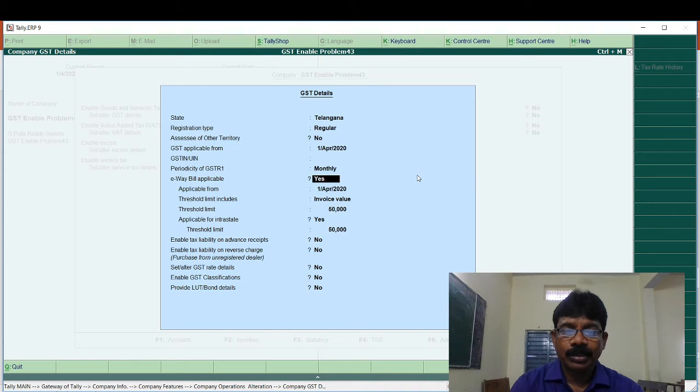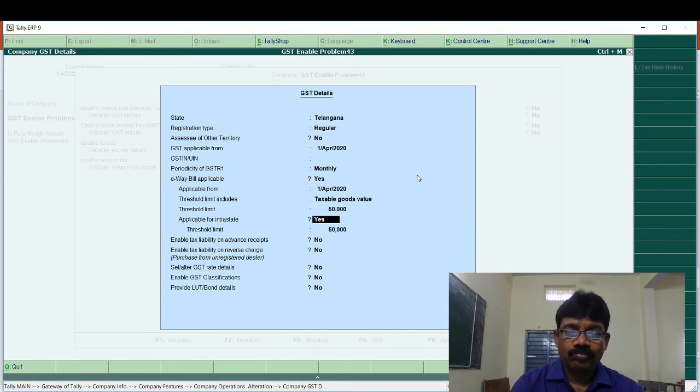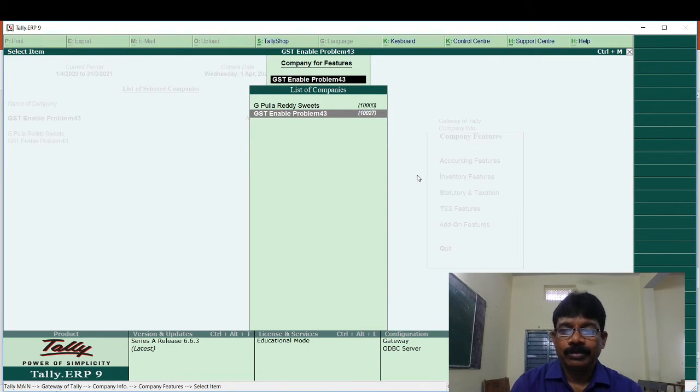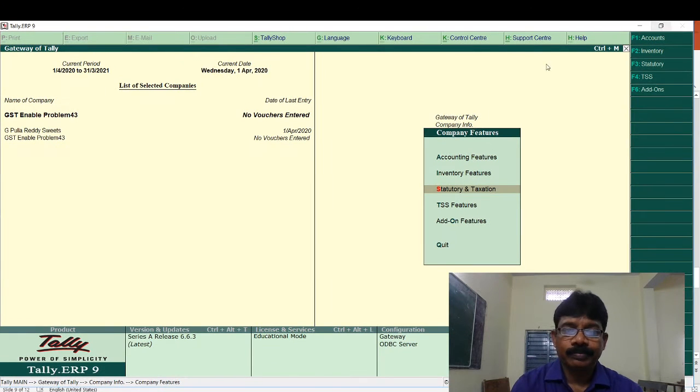Monthly GSTR and reports, taxable goods value.